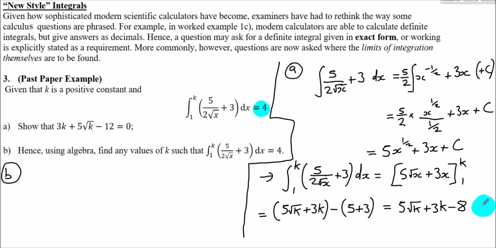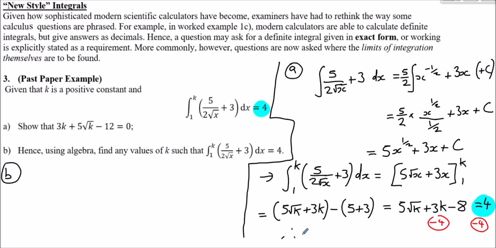We're pretty much home and dry. Just one final step and we've got to what we need to prove. If I now subtract 4 from both sides, I'll see that 5 times the square root of k, in fact I'll put it into the order the question wants. It wants 3k first, so let's write it as the question wants.